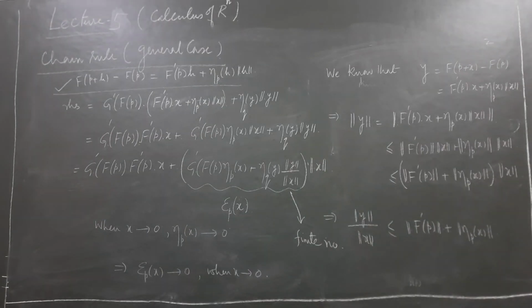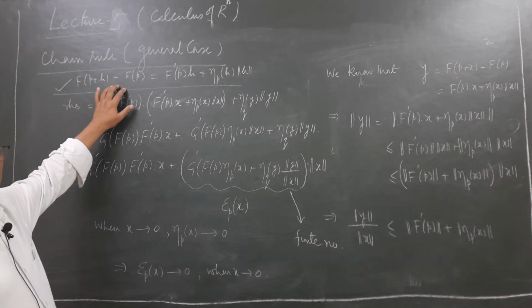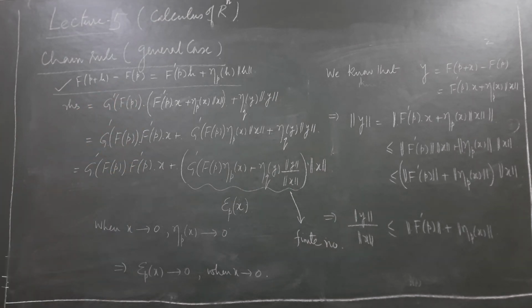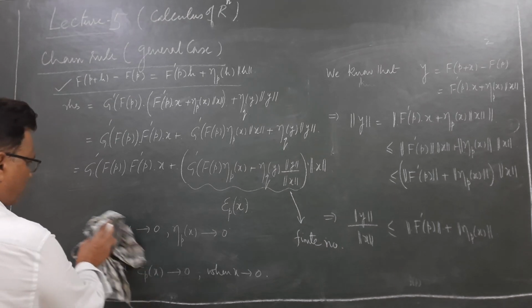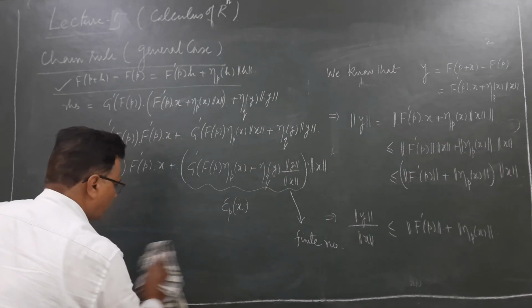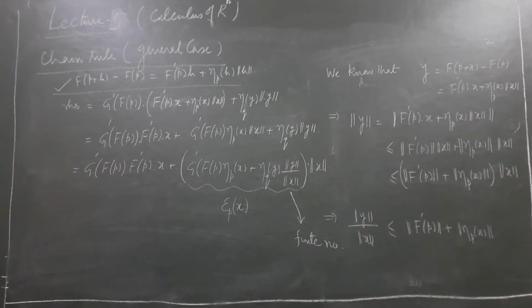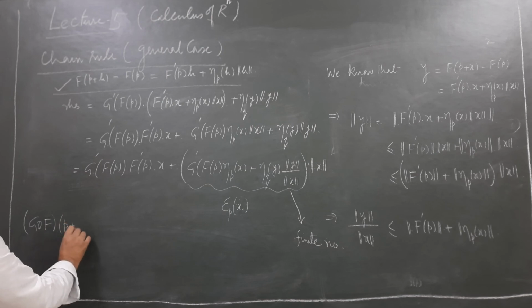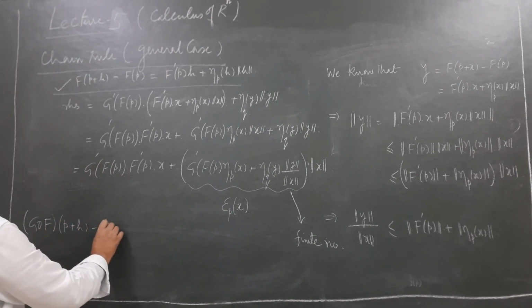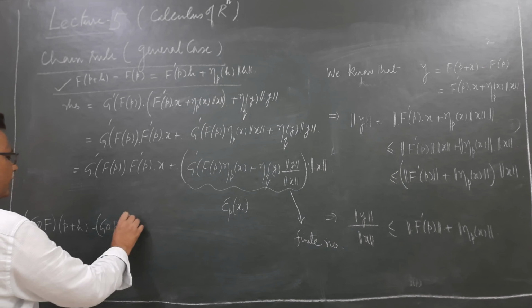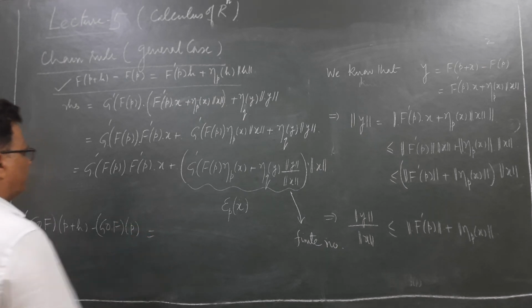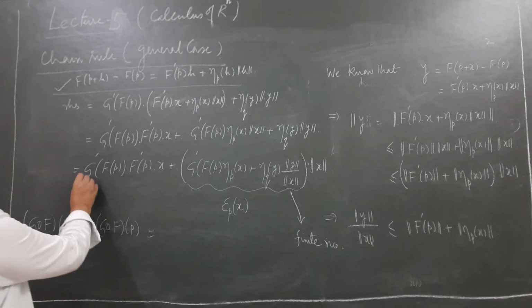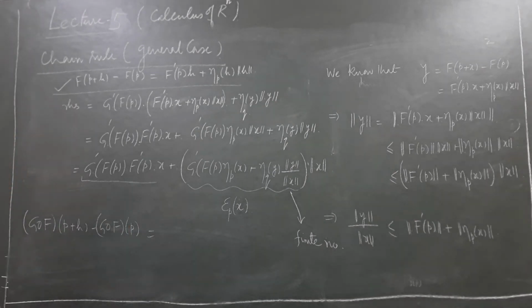Okay. Now look at the entire picture in the light of this formula. So what we have got? Now the whole thing is, left hand side is g composition f at p plus h minus g composition f at p equal to, the first thing, what is this?